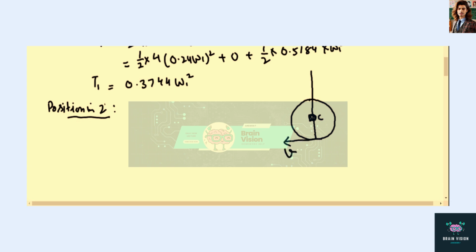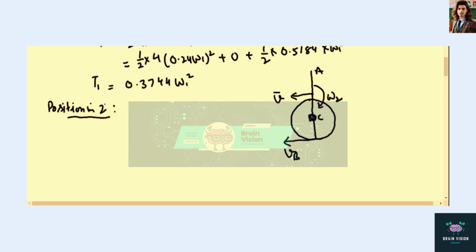This is velocity of B, centroid, A, omega 2.